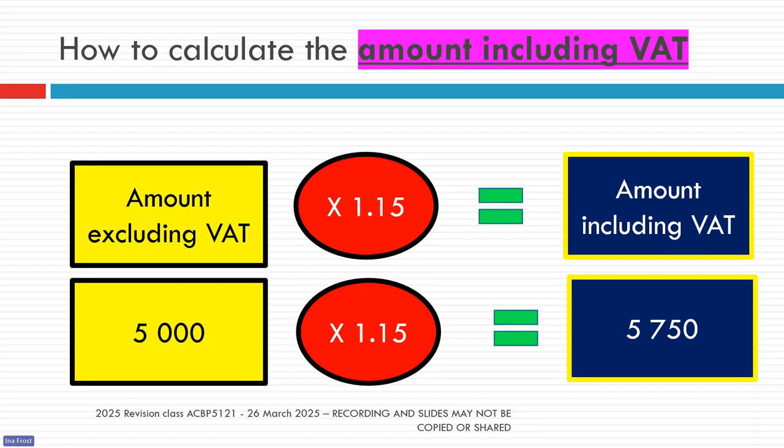Now, I just want to stress, I'm showing you just the basic VAT calculations, but if your lecturer has shown you a different formula, or maybe at school you were taught different formulas or different ways to go from an amount excluding VAT to an amount including VAT, and your formula is giving you the same answers as mine, so if you say 5,000 rands excluding VAT and you apply your formula and you still get to 5,750, then my job today is not to confuse you or to bring in new formulas when you don't need it.